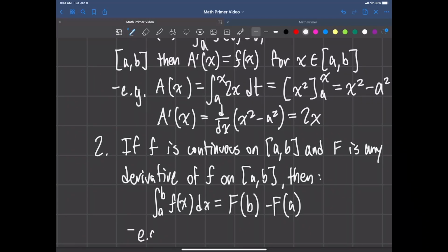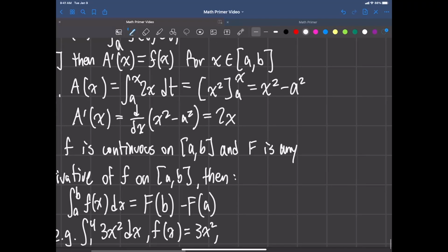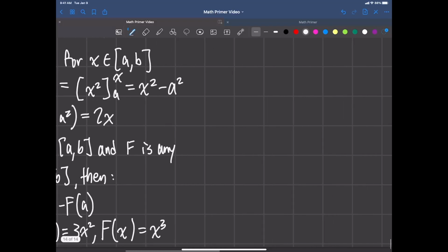For example, if you have the integral from 1 to 4 of 3x squared dx, then f of x being 3x squared, we find the integral, which is x cubed, and I'll show you some rules to find how to actually find the integrals.